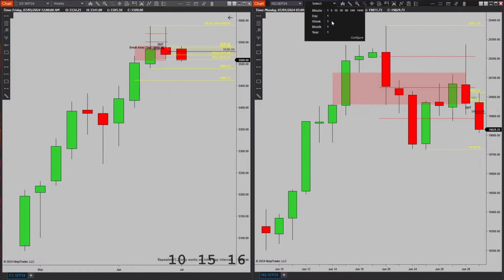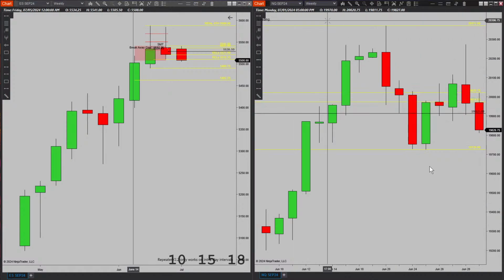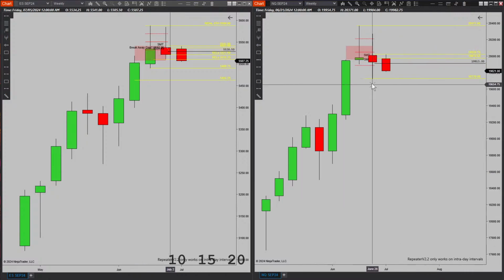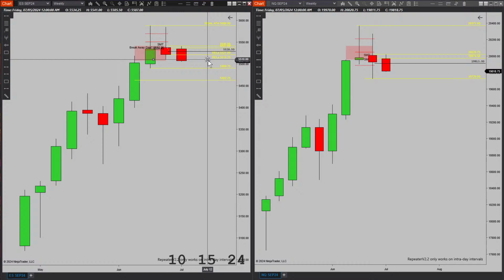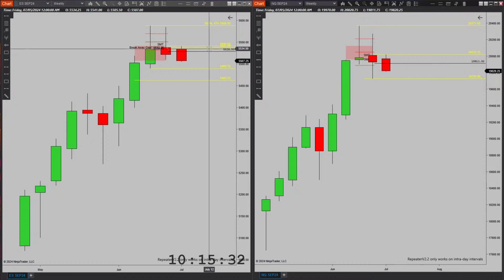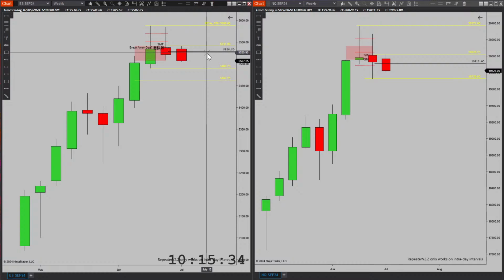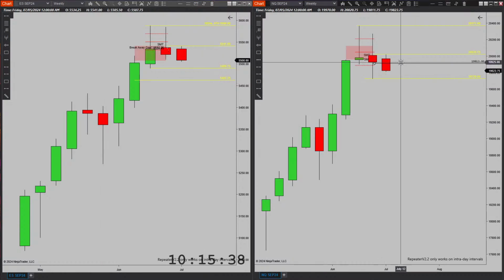And let's put in a weekly draw up here as well. Yep, that's the weekly draw. Since we took out these highs already, let's delete those. Let's delete these. We can delete this one. We can delete this one. We can get rid of this one. And we can get rid of this one.